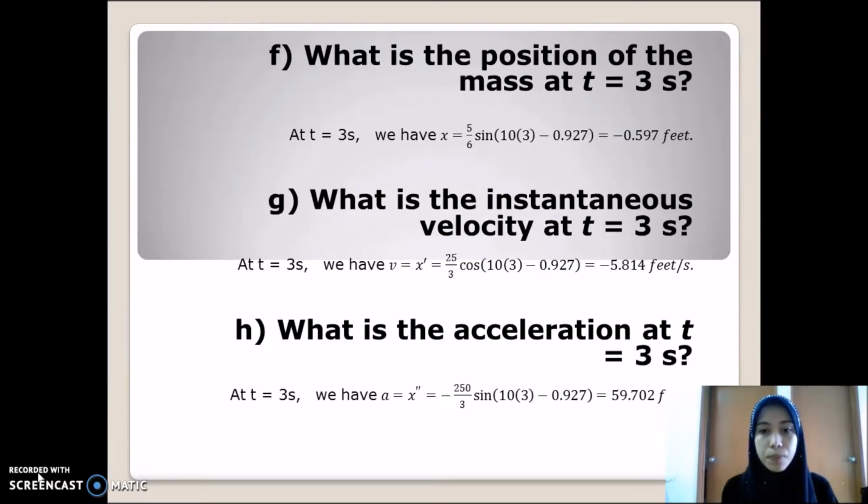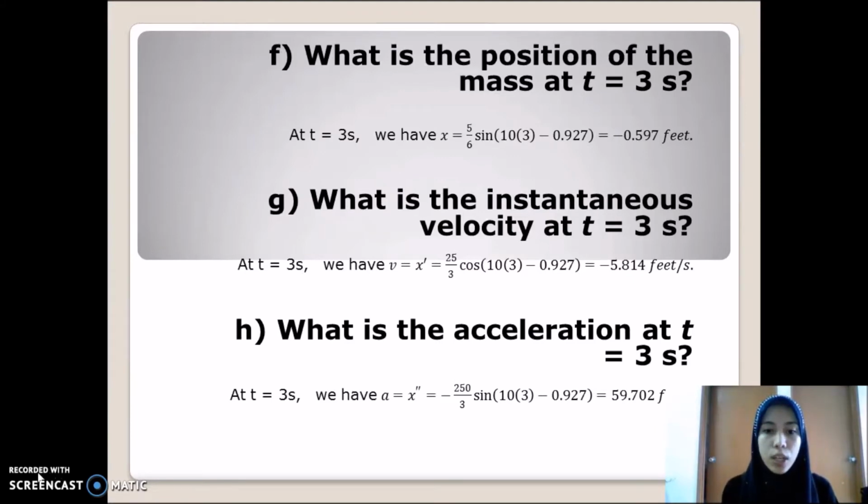For G, what is the instantaneous velocity at t equal to 3 seconds? So we have the velocity formula here, and then we put in all the information given into this equation, then we get the answer negative 5.814 feet per second.